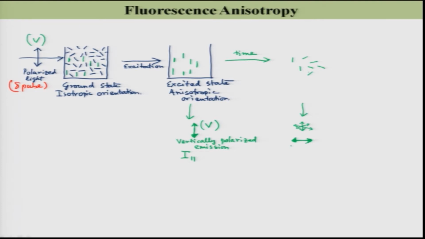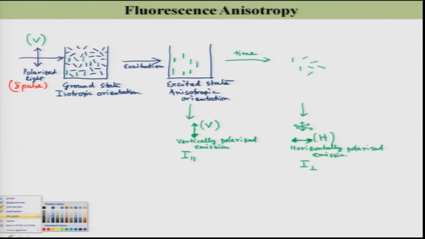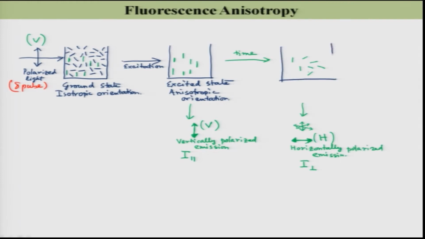And if this is the horizontally polarized emission, so this is horizontal and this can be referred to as I perpendicular. So, the condition, as I said, is now less anisotropic, and if you allow too much time then all molecules will randomly reorient themselves.